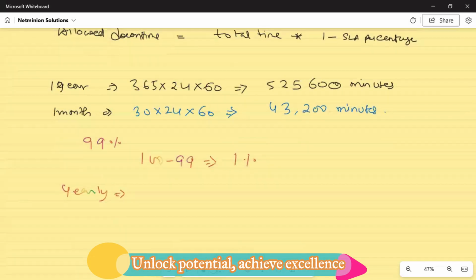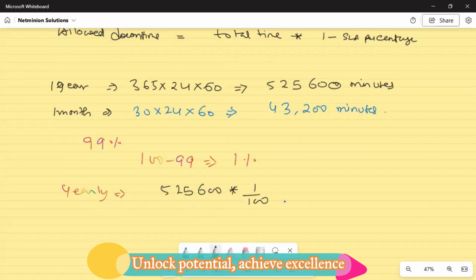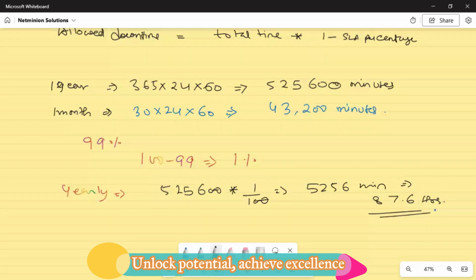The total time is 525,600 minutes, multiplied by 1%, which is 1 by 100. It will be 5256 minutes, which is 87.6 hours. This much downtime can be there with a 99% SLA.